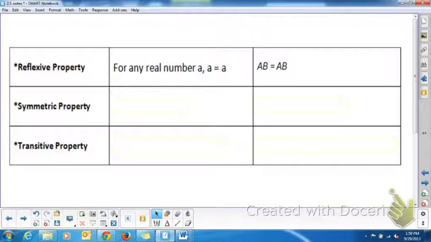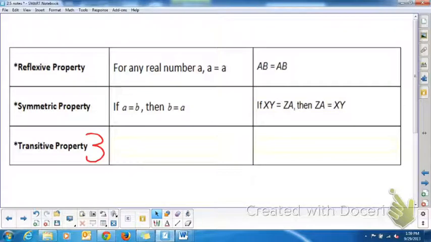Symmetric property. If A is equal to B, then B is equal to A, so that's 2 things, A and B. It's forward and backwards. If xy is equal to ZA, then ZA is equal to xy. Transitive property, that's when we're talking about 3 things.